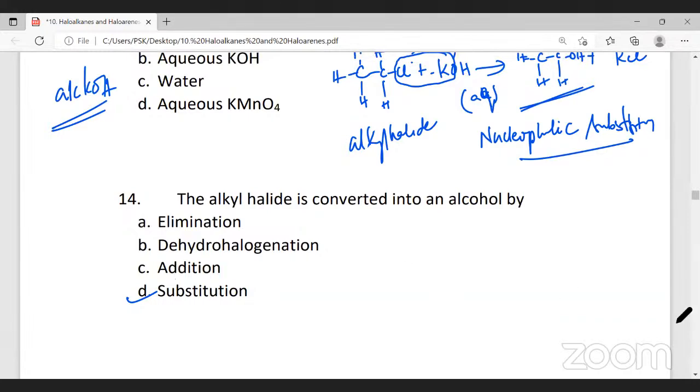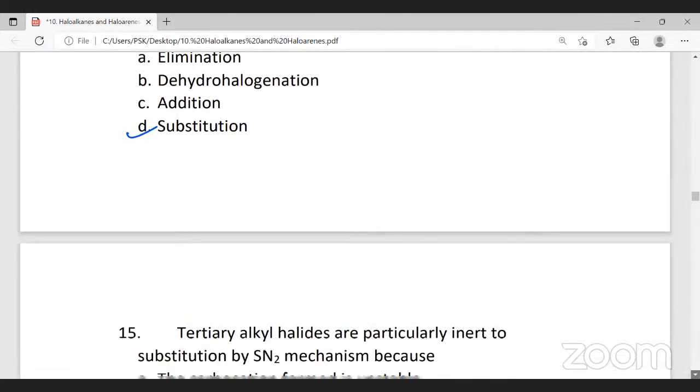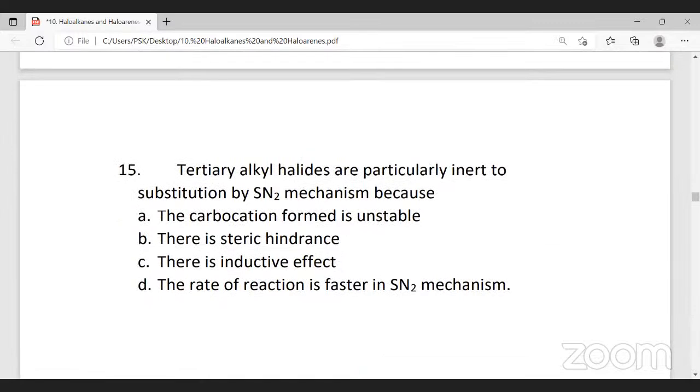The next question. Tertiary alkyl halides are particularly inert to the SN2 mechanism. See, the SN2 mechanism is undergone easily by what group? Methyl group, followed by primary, followed by secondary, and tertiary is the least. Why are tertiary alkyl halides particularly inert?